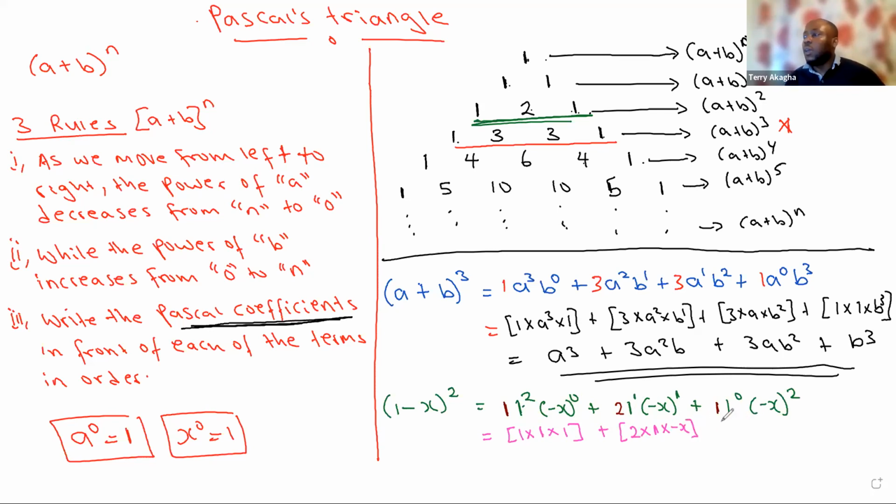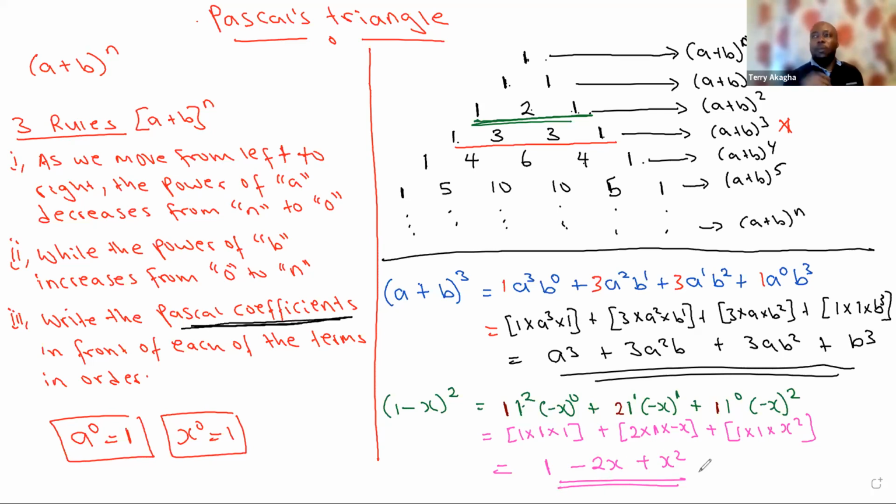Can you see? Plus 1 times minus x raised to the power 2 will give you x squared. Then this is going to give you 1, 2 times 1 times minus x will give you minus 2x, plus x squared. And that will be the answer for that.